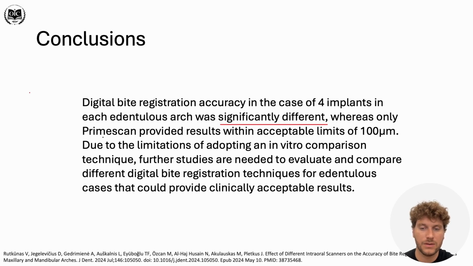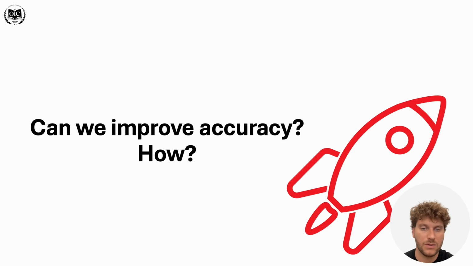But if we know that full arch bite registration in these kinds of extreme cases is not sufficient in most cases, how can we improve that? What are the methods?